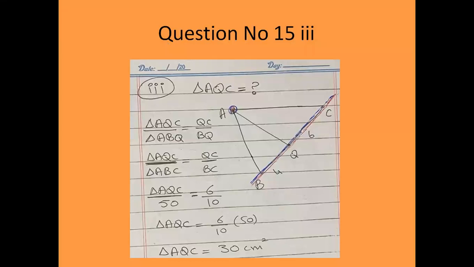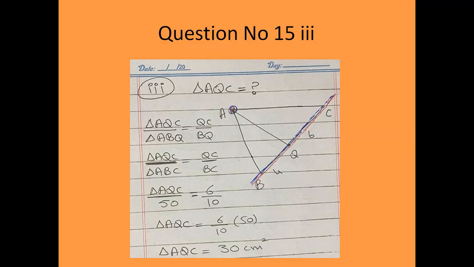Okay, now they want you to find out the area of the triangle AQC, and you know that the AQC and the full ABC triangle have the same baseline and their third vertex is the same point A. So the ratio of their areas will be equal to the ratio of their bases.